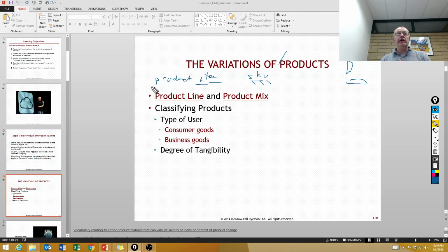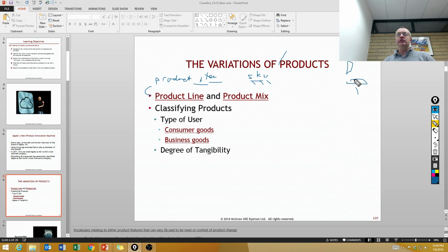Okay, and when we talk about a product line, we mean a set of closely related products, and the products might satisfy a class of needs. So bread products, white bread, brown bread, whole wheat bread, are all part of a product line. Or they're used together, or they're sold to the same customers, or they're distributed through the same outlets, or they fall within a given price range.